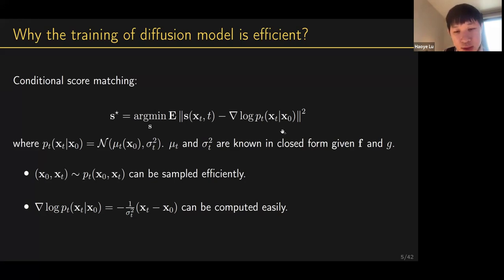And we basically want to match a conditional score here, which is also in closed form and can be computed easily as well. Since everything is easy to compute, we can train our score function super easily.